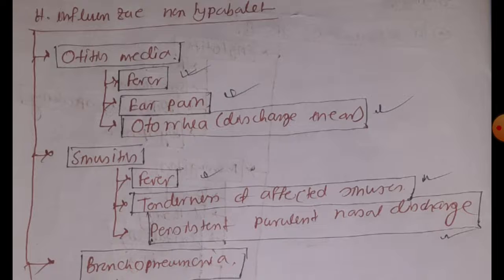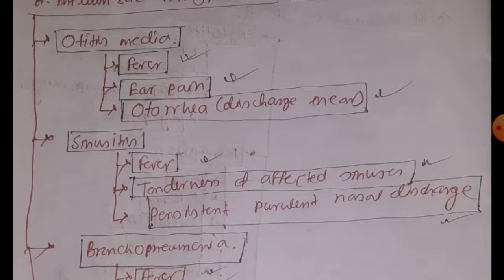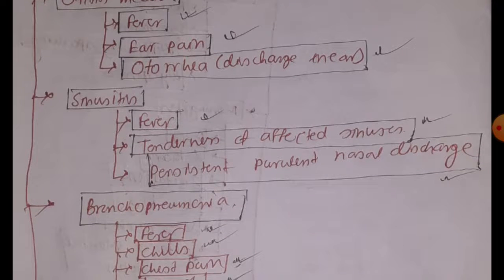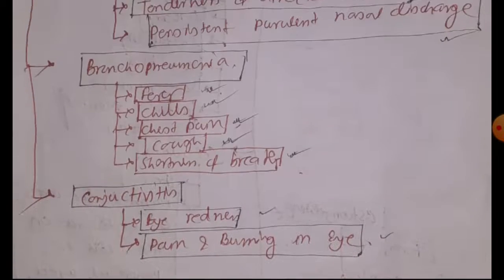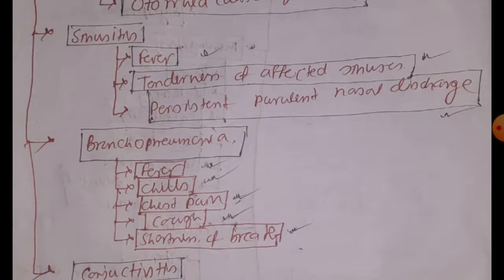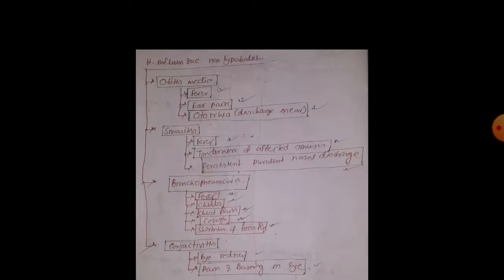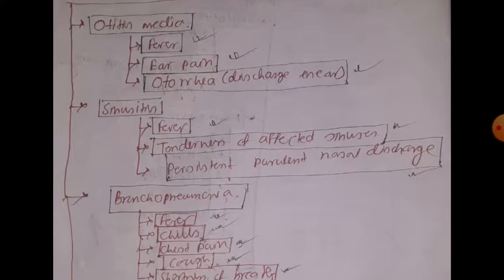You can also get bronchopneumonia, that is fever along with chest pain, cough and shortness of breath. And the last is conjunctivitis, that is redness of the eye along with pain and burning. So that is the non-typeable strain.